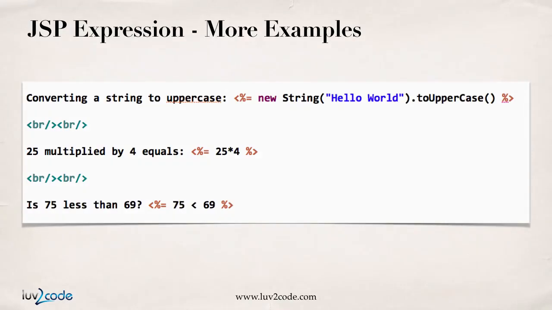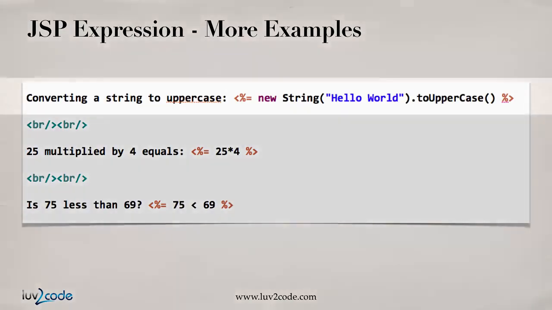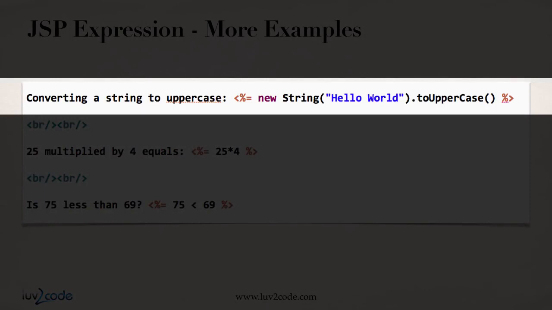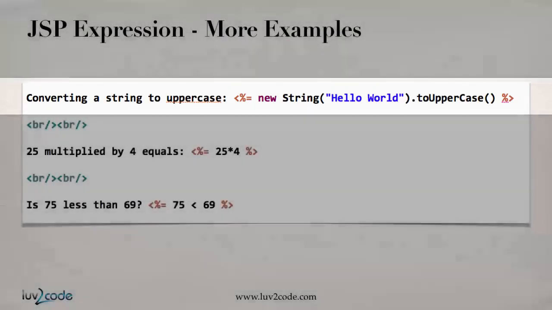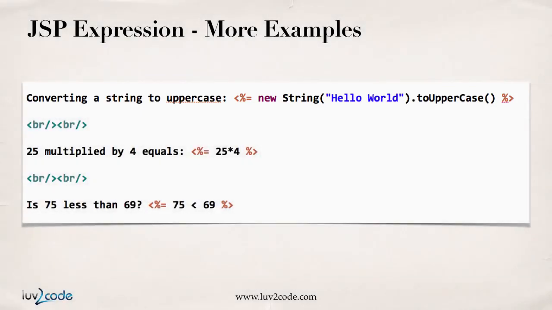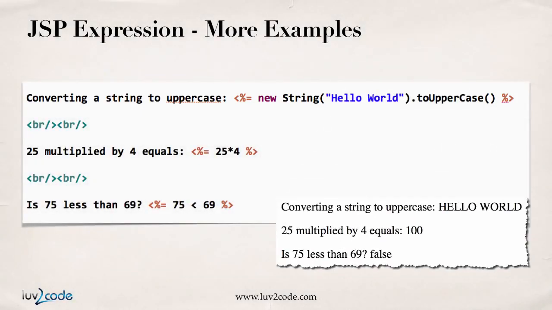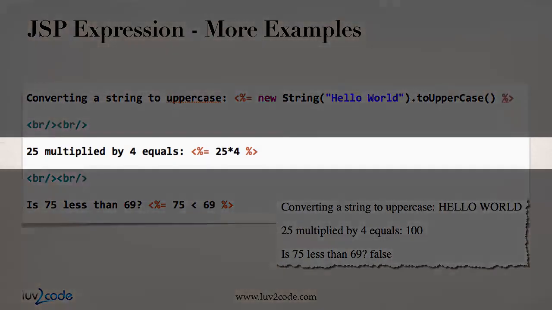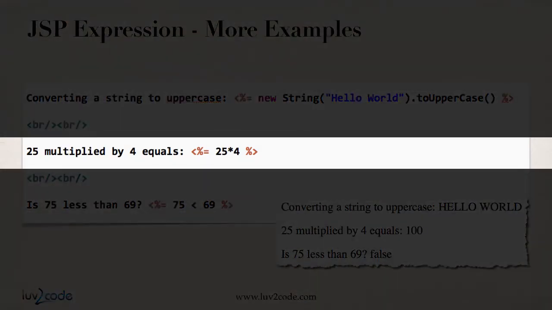In this next example, I'm going to show you how we can convert a string. Here I have this new string, hello world, and then I can say .toUpperCase. I'm going to convert this string to all uppercase, and the result of that will be included right here in the page. So that's for strings and objects. You can also make use of mathematical expressions.